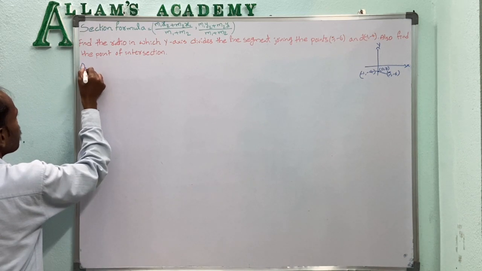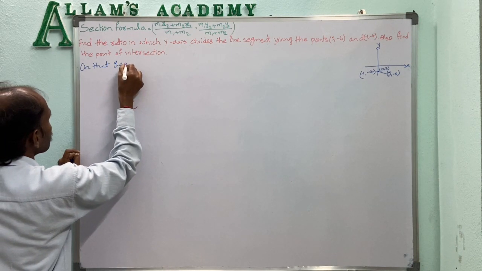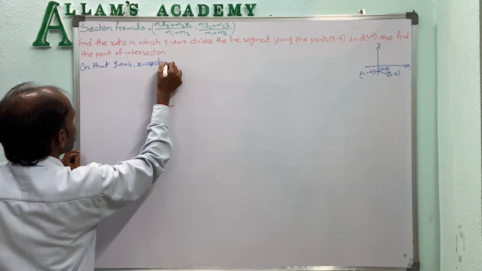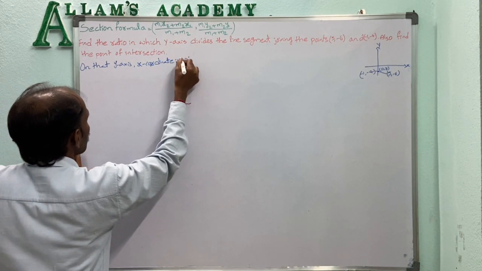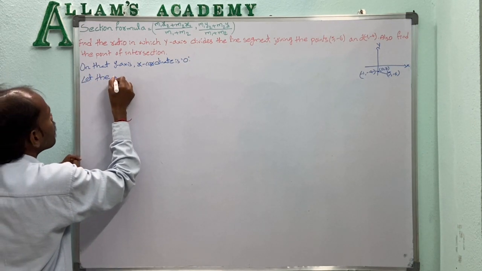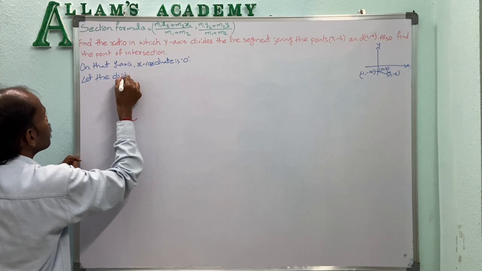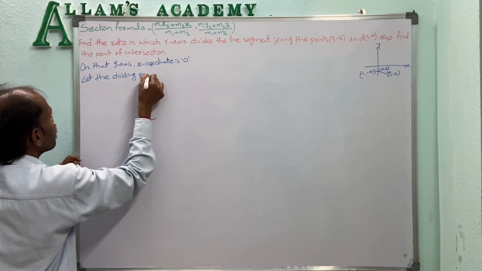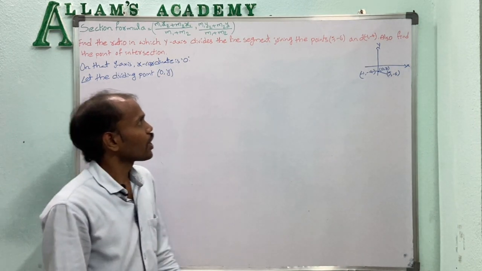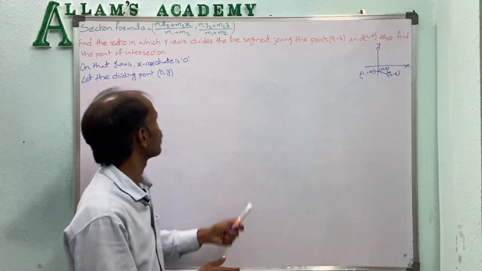So on the y axis the x coordinate is 0. So let the intersecting dividing point be 0 comma y.